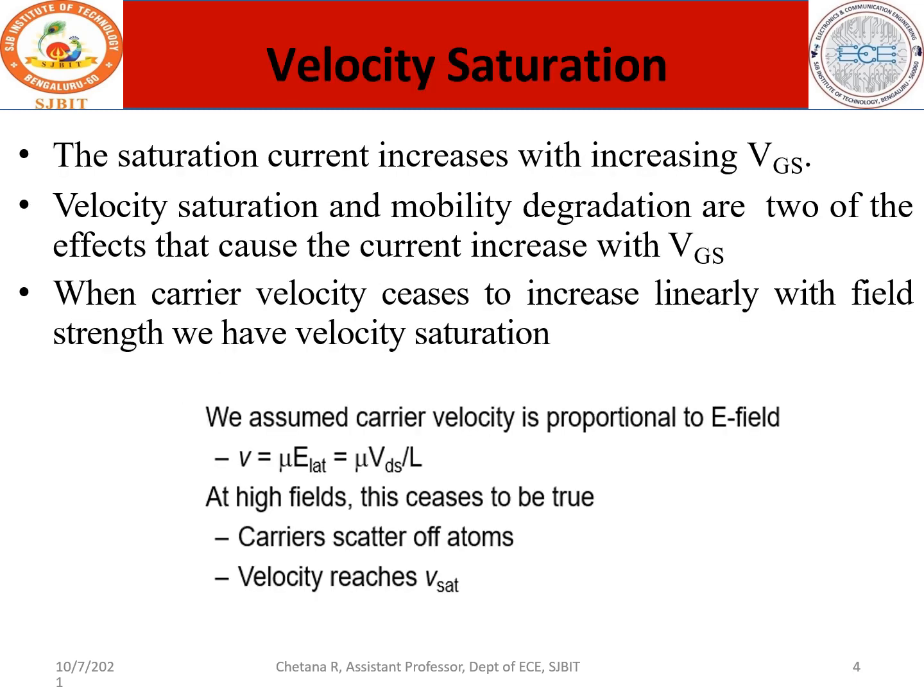So first one, what is velocity saturation? Velocity is the speed at which the charge carriers move. It can be the electrons or it can be the holes. So the saturation current relates to velocity saturation. What is the relationship between the saturation current and VGS? The saturation current increases with increasing VGS. Yes, we just discussed this.